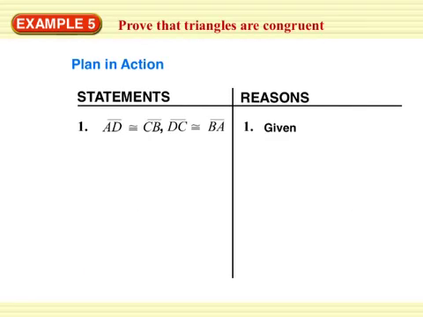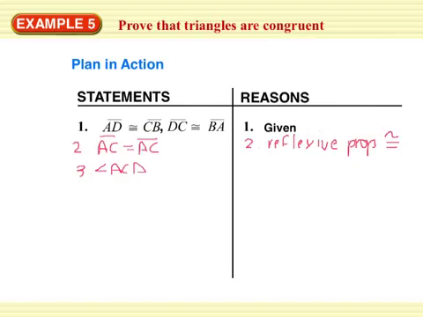So, I wrote down the given. I said we were going to say that AC is congruent to AC because of the reflexive property. Remember, when it sees itself in the mirror, it knows it's equal. Reflexive property of congruence. We can also say angle ACD is congruent to angle CAB, and angle CAD is congruent to angle ACB, and that was all given.